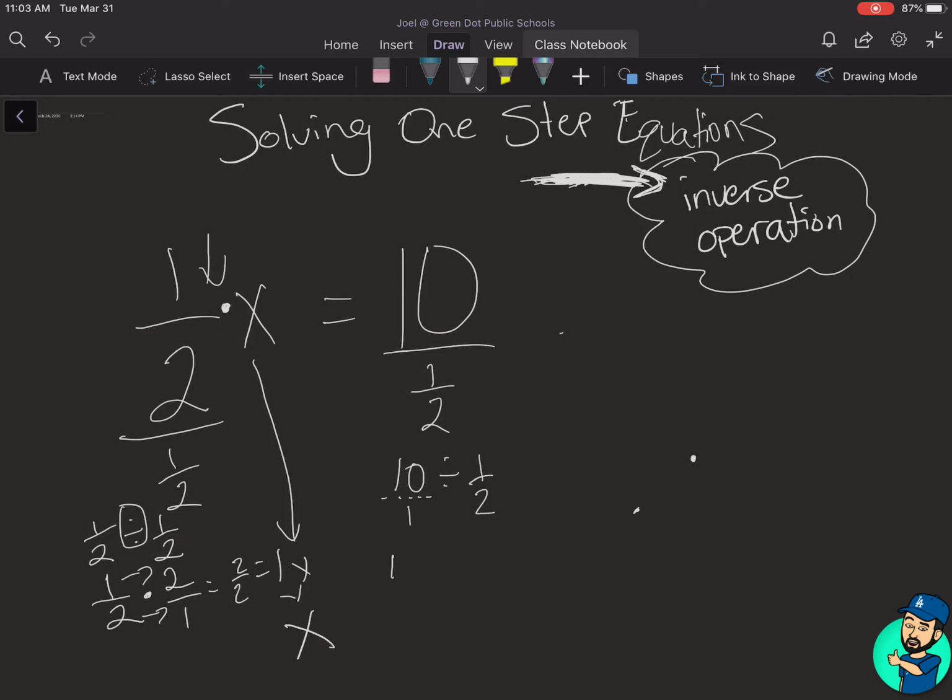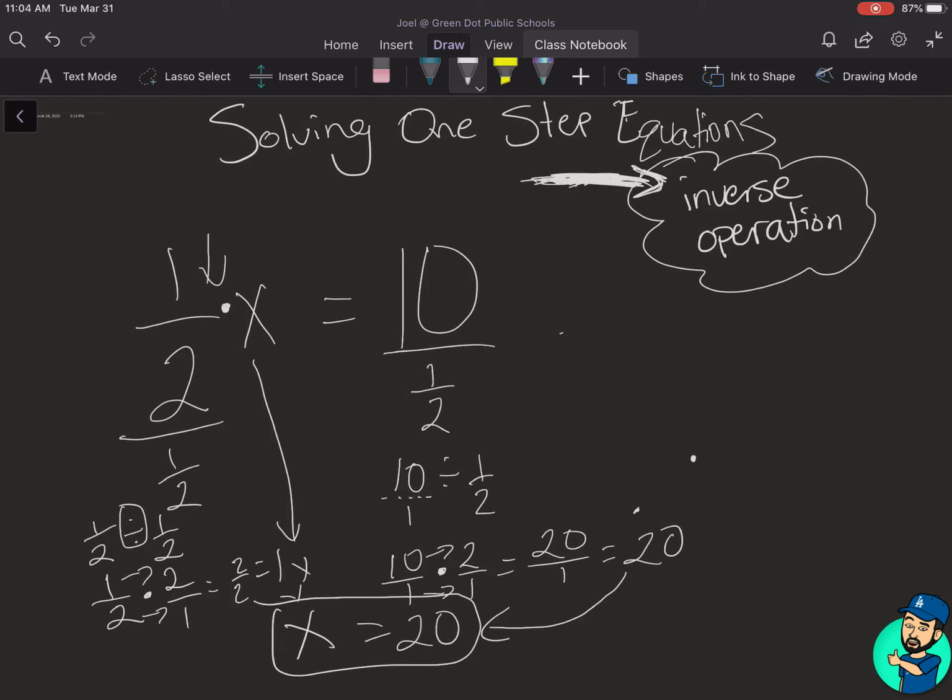So you keep the 10 over 1, you change the division to multiplication, and you flip the half to a 2 over 1. Now when you multiply fractions, you multiply straight across, and you would get 20 over 1, which is 20. So x equals 20.